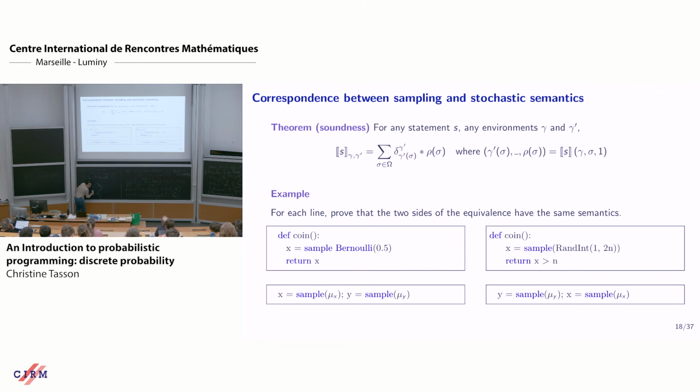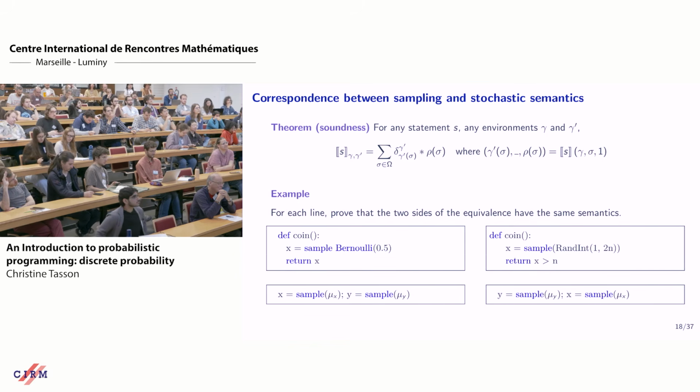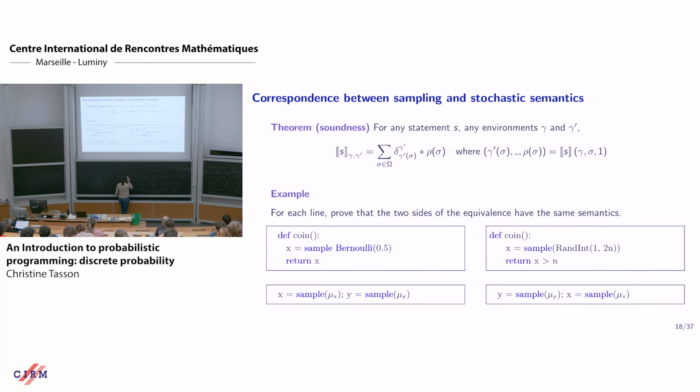Any idea? I give you a hint. You can use either the stochastic semantics or the sampling semantics. One is easier than the other one.